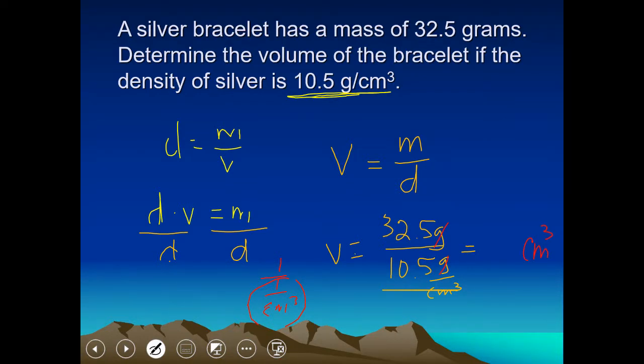And when I divide this, I get 3.0952, et cetera, a bunch of numbers. The density is a constant, but I'm going to use the 32.5, 3 sig figs, and round my answer to 3 significant figures: 3.10 centimeters cubed. And when I put that bracelet in a beaker, it was about 3 milliliters of water that went out over. I poured it into a cylinder then to verify that.